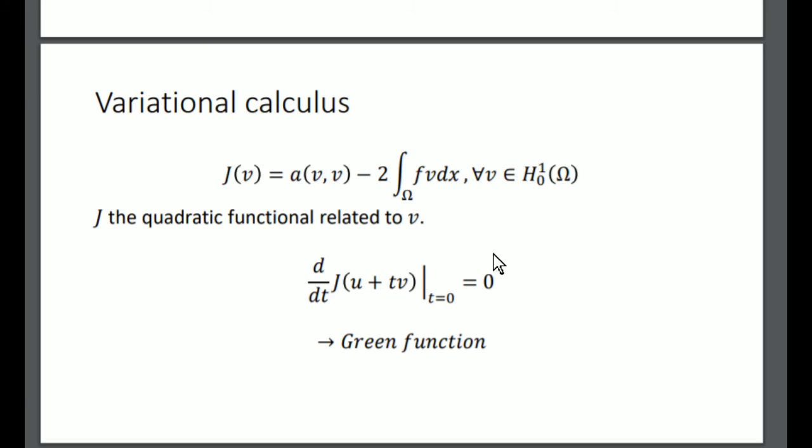So when you find this minimum, you will find the value u, and u will represent the neutronic flow at convergence. And obviously you can define stuff like the Green function and Green kernel, and you can apply lots of variational calculus tools to this problem.